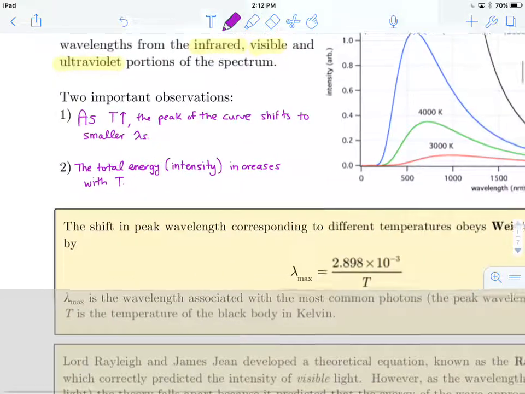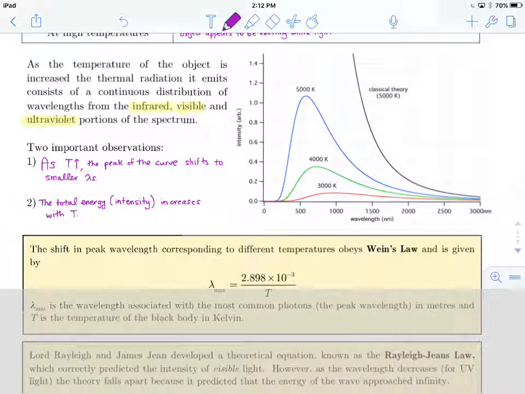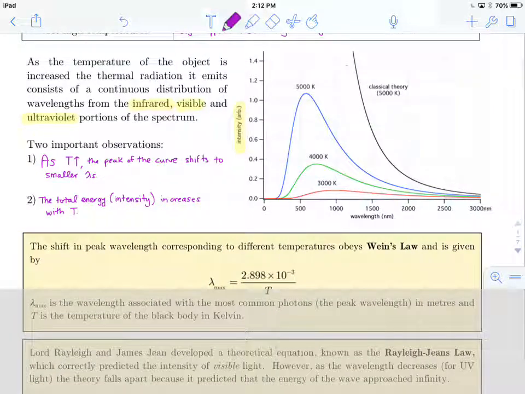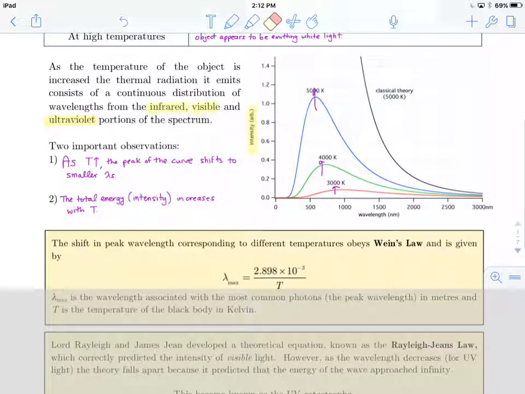Here's intensity on this axis. As the temperature goes up and up, you can see that the intensity, or the energy that's being emitted, gets bigger and bigger. So it becomes more and more intense. So scientists set out to explain this phenomenon.